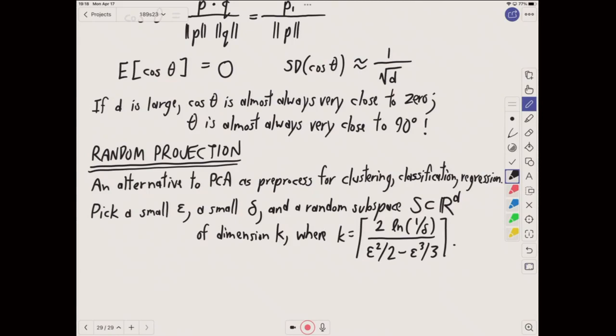All right, so once you've chosen a random subspace, now we're going to project all the points down.